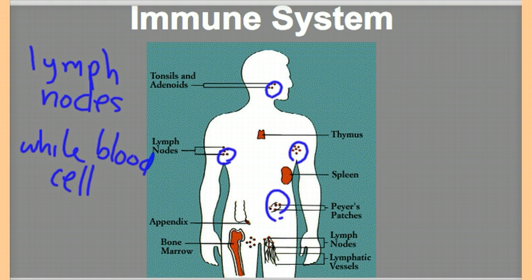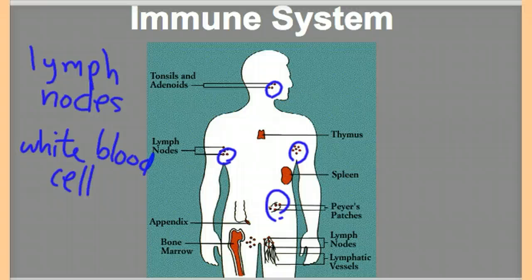And these white blood cells are there to fight off pathogens. These white blood cells travel to different sites, and in the next slide I'm going to explain how they travel.